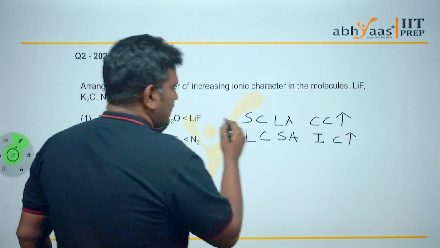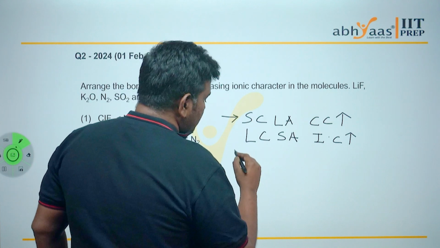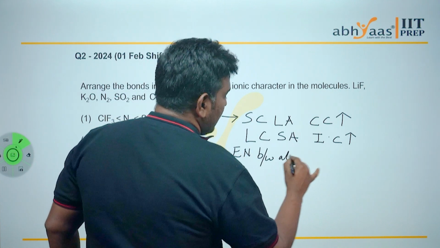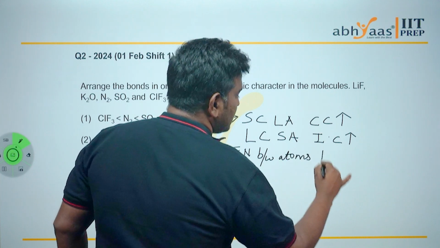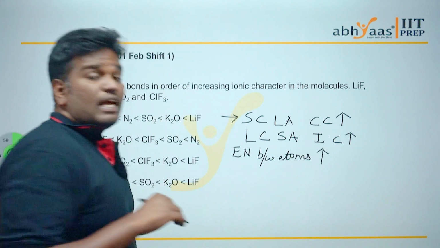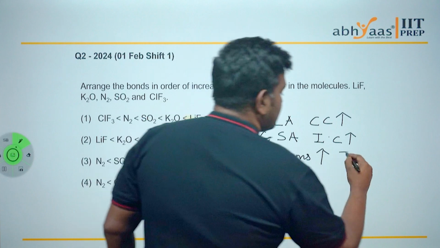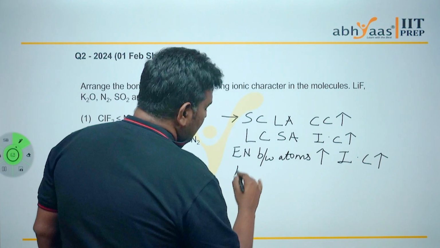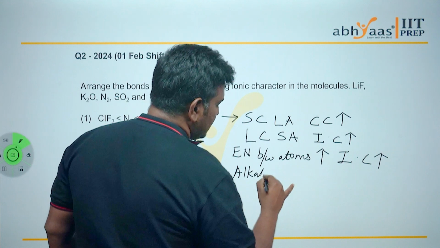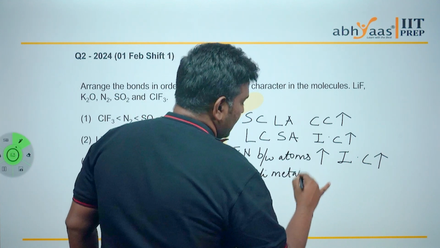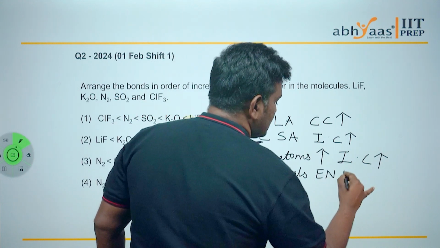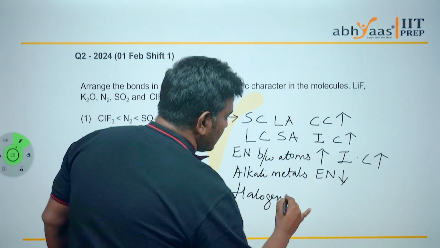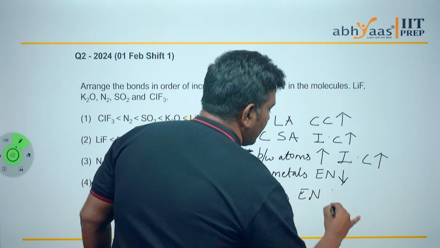And the next thing is that if the electronegativity difference between atoms is higher, we can say that ionic character will be higher, right? And another thing is that for alkali metals, the electronegativity will be less, while for halogens, the electronegativity will be higher.